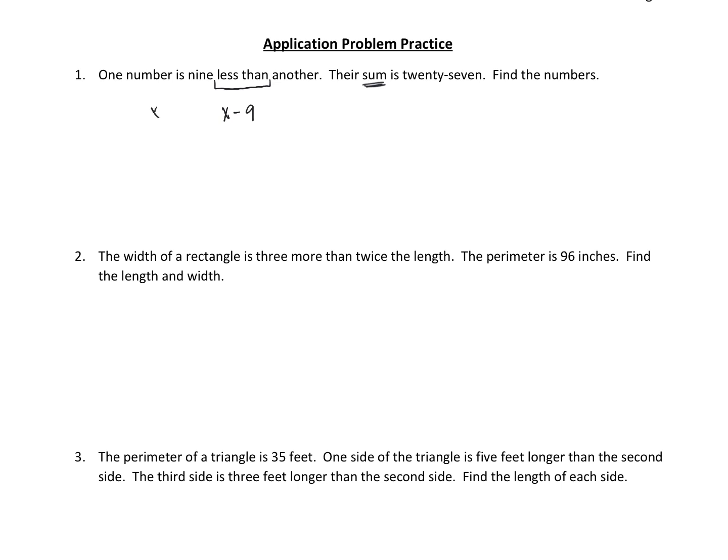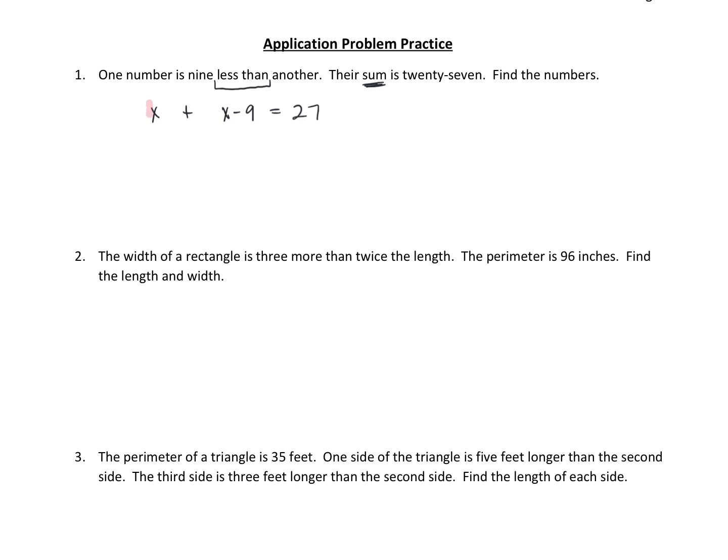And the other number is just x, because we're comparing it to a number that we don't know, and that's x. It tells us their sum, so we want to add those 2 things together. One number is x, and one number is x minus 9. We're going to add those together because it says their sum is 27. So that's the setup there.